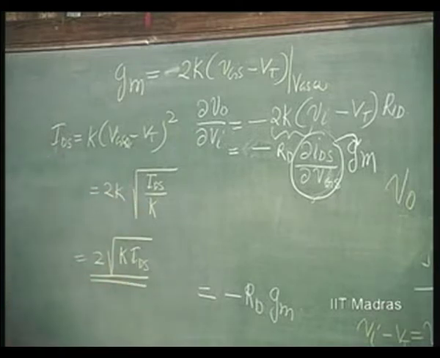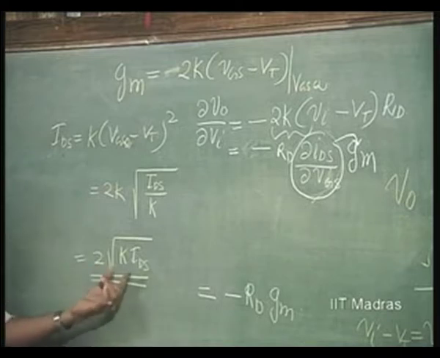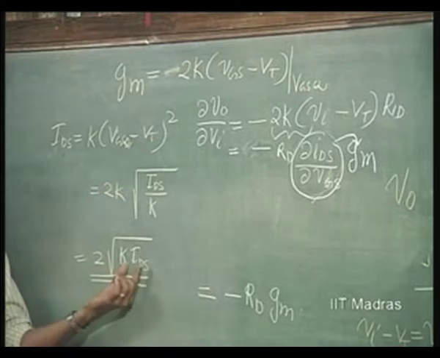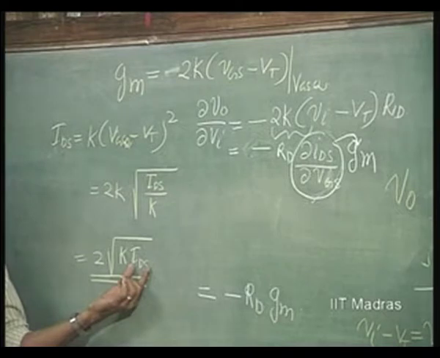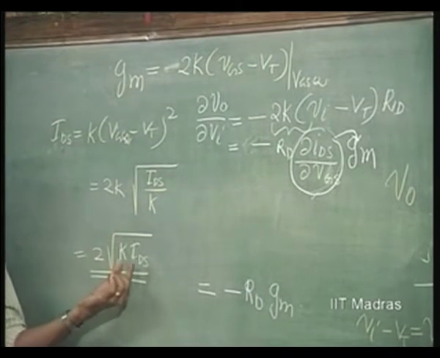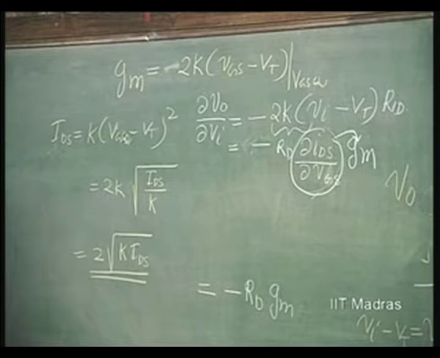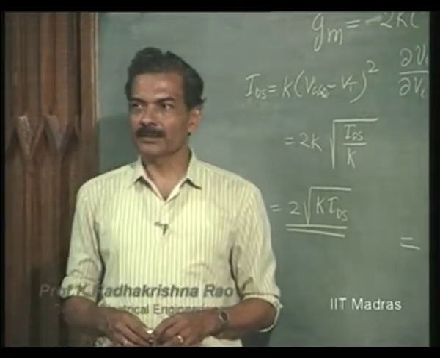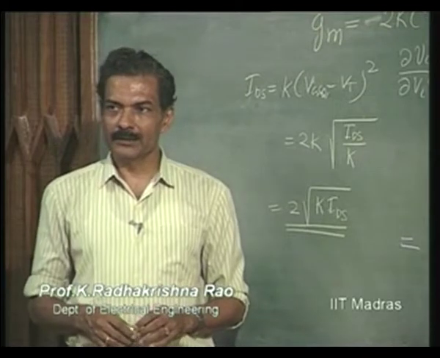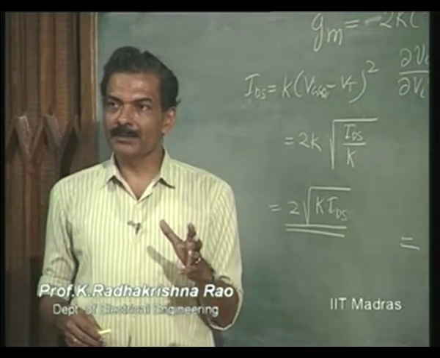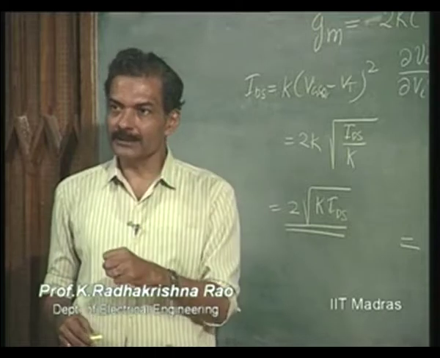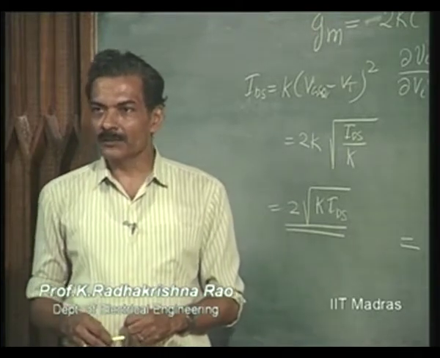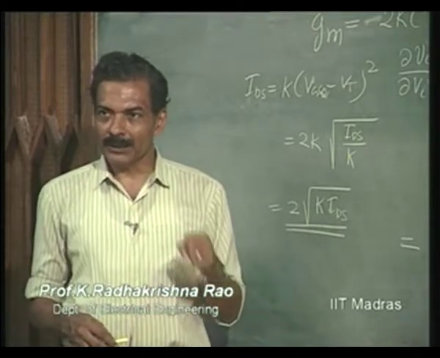Therefore, if you know the value of k and operating current, 2 root k into IDS will give you the value of Gm. For FETs of similar dimension compared to the BJT, the value of Gm is typically 1 order of magnitude less than that of corresponding bipolar junction transistor.